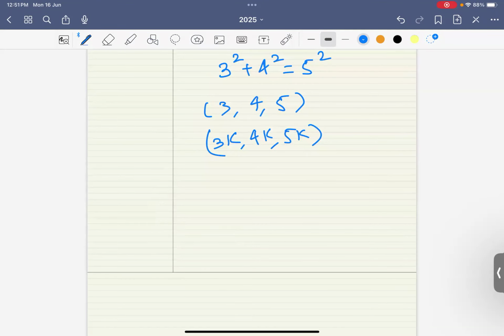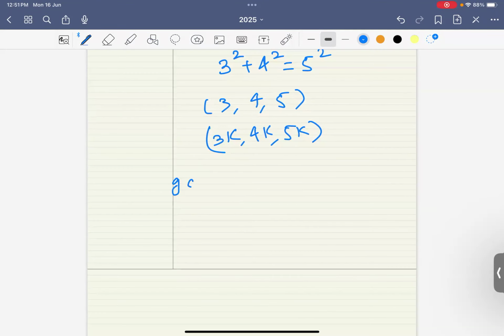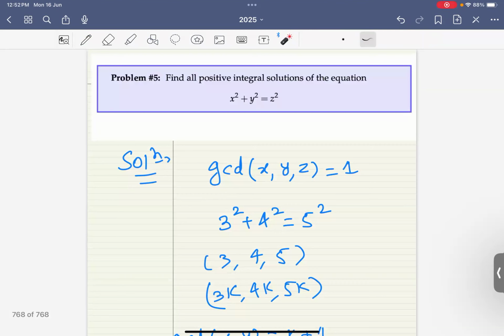If you say that the GCD of x and y is k, where k is not equal to 1, then k squared will divide the left hand side, which would mean that k squared will divide z squared, which means that k will divide z, right?